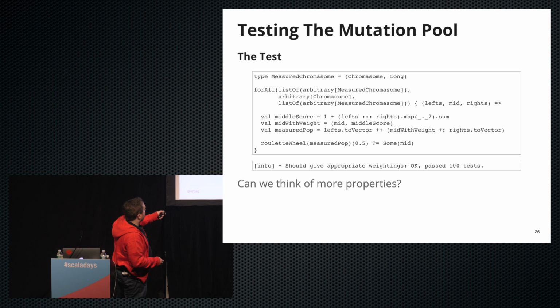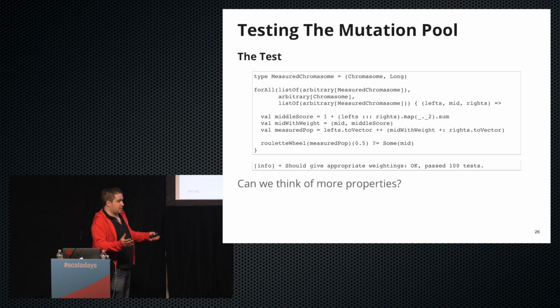So what we can see here is we're taking 3 parameters: an arbitrary list of measured chromosomes, so that's with their fitness value. I don't care what those numbers are, I just care that they're produced. I'm then asking for a single chromosome on its own, and then another list of measured chromosomes.